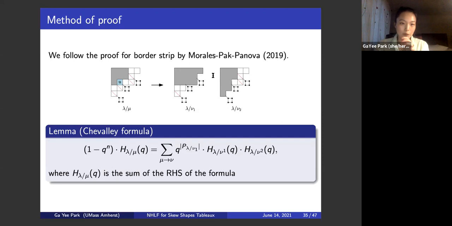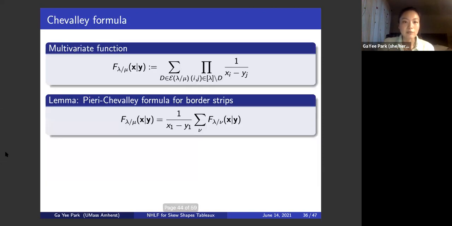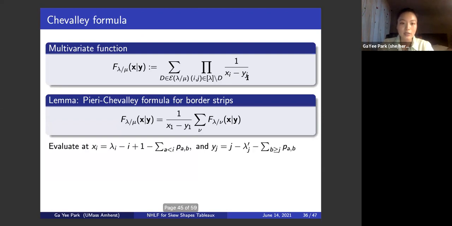So first, we have the Chevalley formula, which really comes from this multivariate function, which satisfies the Chevalley relationship. Because we know that this function satisfies this relationship, all we need to do is find appropriate xi's and yj's so that xi minus yj would equal the new hook length definition we have for the mobile poset.